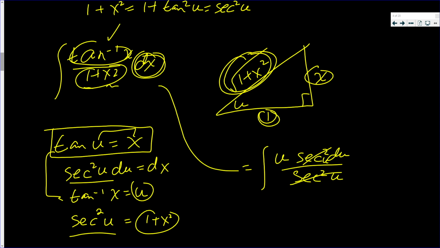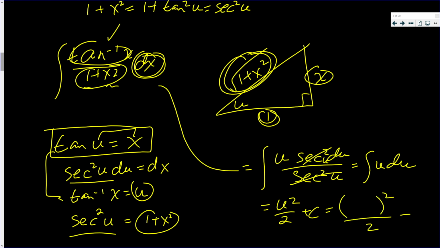Well, that's going to cancel out, and like before, you get u du, which is u squared over 2 plus c. And u is, well, it doesn't say what u is, but it says what the tangent of u is. Interchanging those two, it tells you that u is equal to the tan inverse of x.